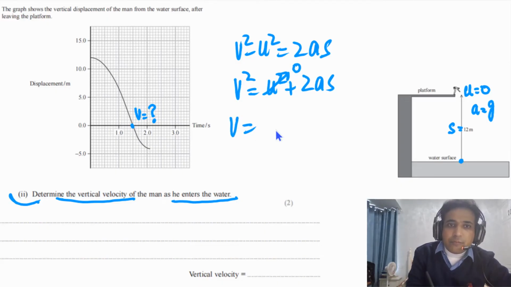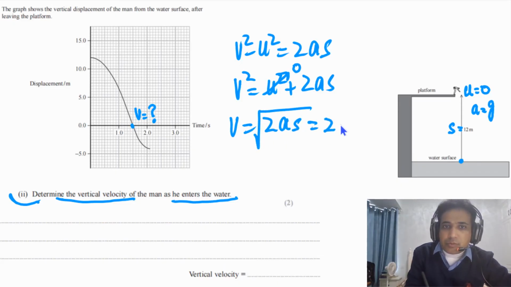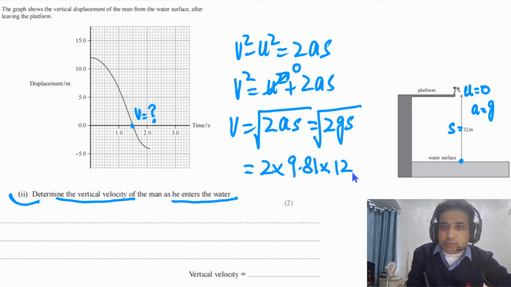So we are left with v equals the square root of 2as, and a in this case is equal to g, so v equals the square root of 2gs. We have 2, g is equal to 9.81, and the value of s is equal to 12. Now simply we can solve this one, and we will get our answer of 15.3 meters per second.